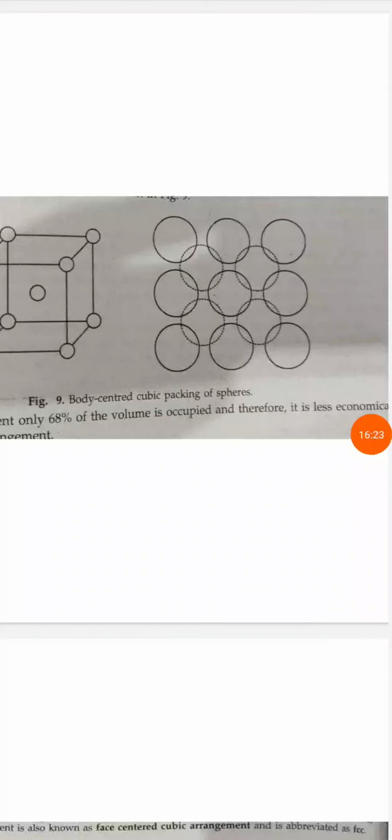In BCC arrangement, only 68% of the volume is occupied, and therefore it is less economical as compared to HCP or CCP arrangement. Now, what are the interstitial sites in close packed arrangement? We have seen that even in the close packing of the spheres, some hollows are left vacant, and these hollows or voids are known as interstitial sites.